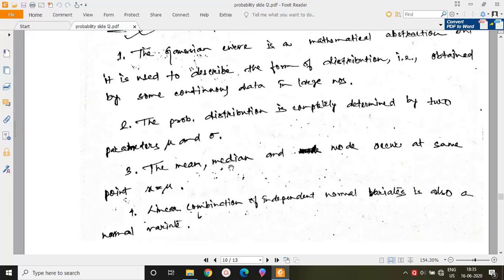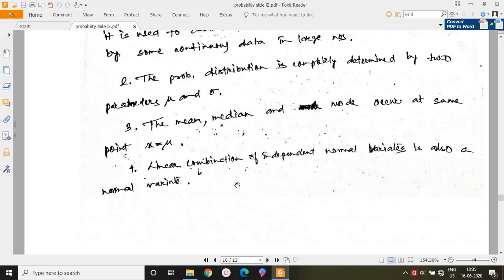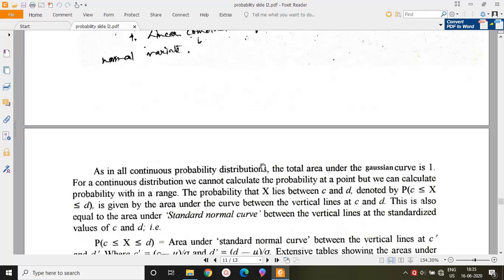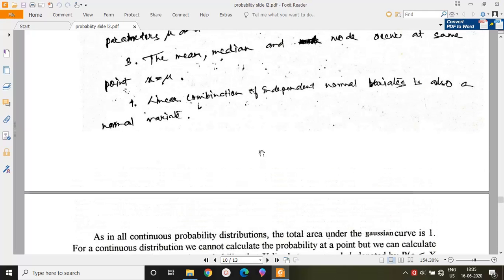This is very interesting: the mean, median and mode of a Gaussian distribution occur at x equal to mu only. A linear combination of independent normal variates, that is, if you have two z values, then their linear combination is also a normal variate.